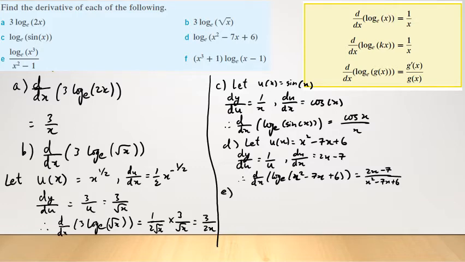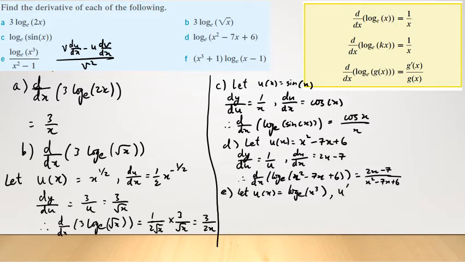E. So we have a quotient rule one. So remember the quotient rule. Oh, I always forget the quotient rule. It's v du dx minus u dv dx over v squared.